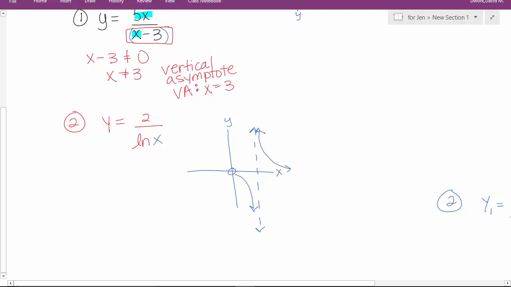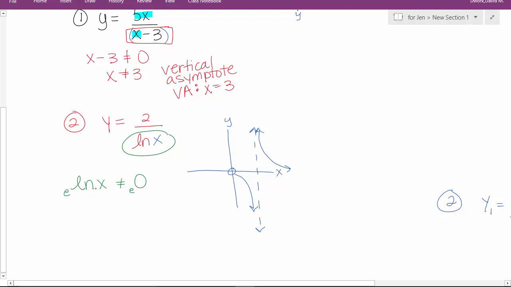So if you're a visual person and you need the graph to sort of help you make sense of the algebra, then there you go. So what does the algebra look like? Well, again, I cannot divide by 0, so let's take a look at, I'm going to say natural log of x cannot be 0. And if you need to see this where you're solving, you could raise e to the both sides. That would still be equivalent.